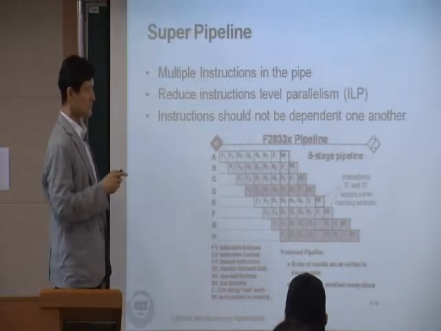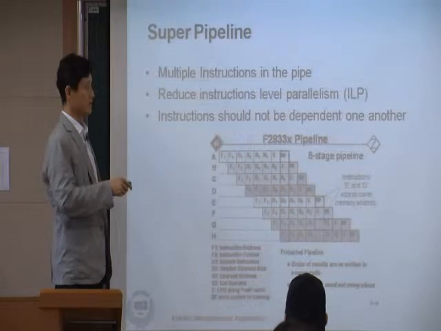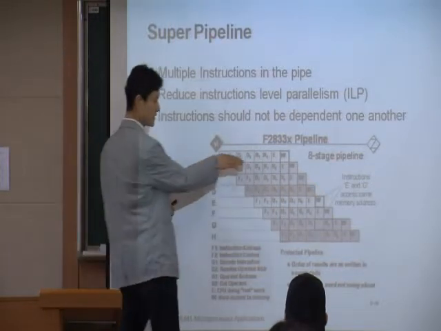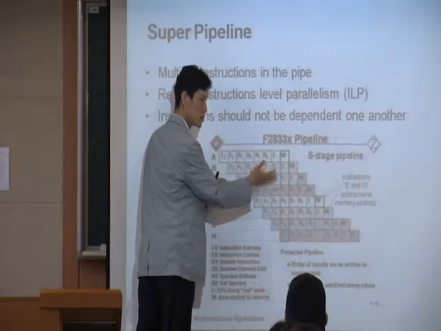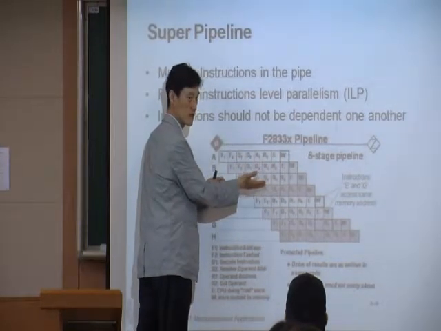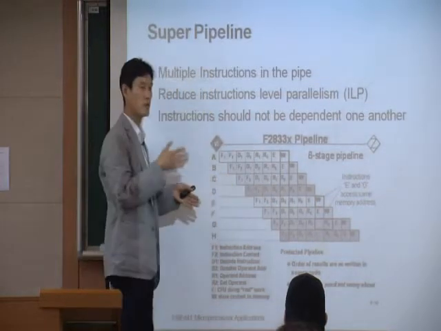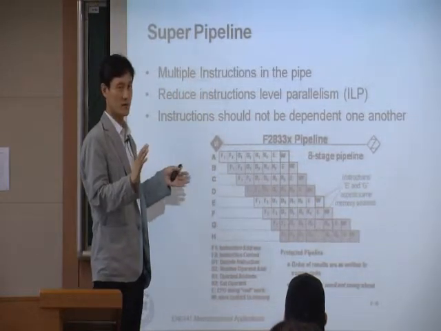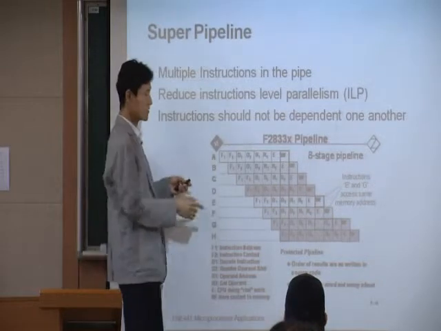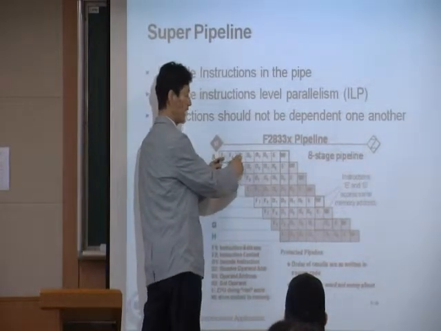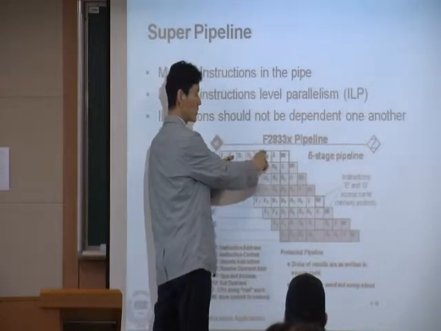However, as I mentioned earlier, the basic assumption when you use a pipeline is that all these instructions in the pipeline should not be dependent. All these instructions in parallel need to be independent, right? Remember that? So the first instruction is something like add accumulator with R0.